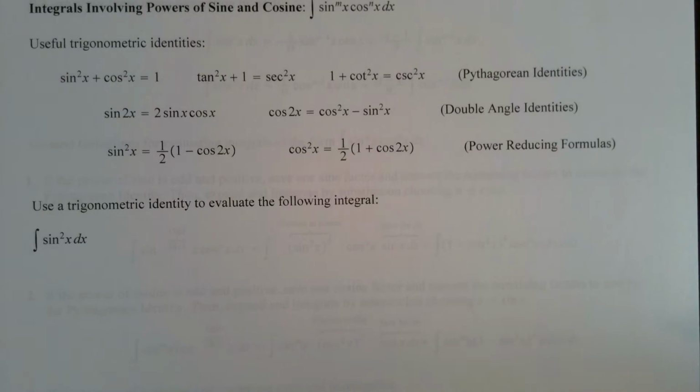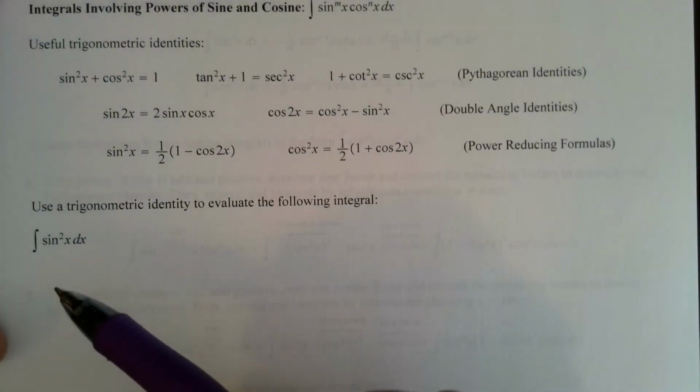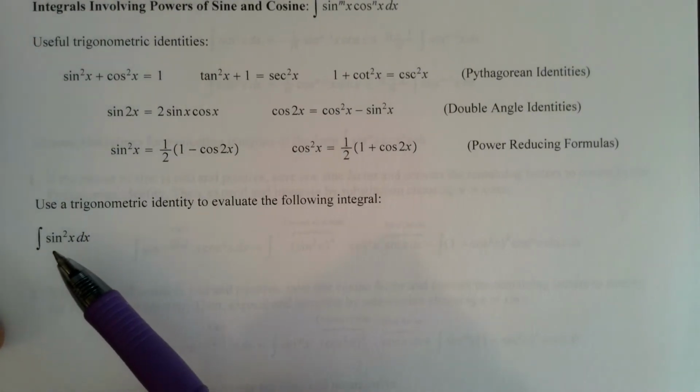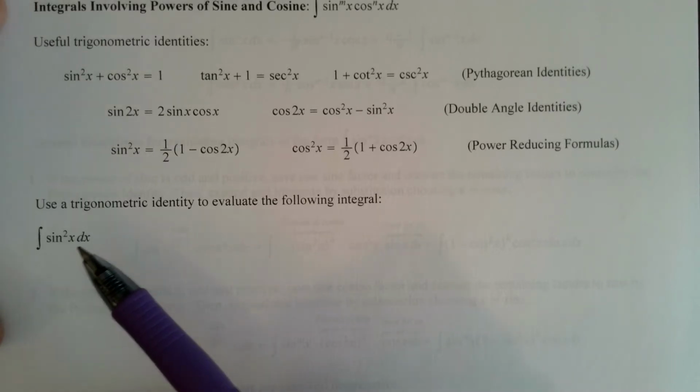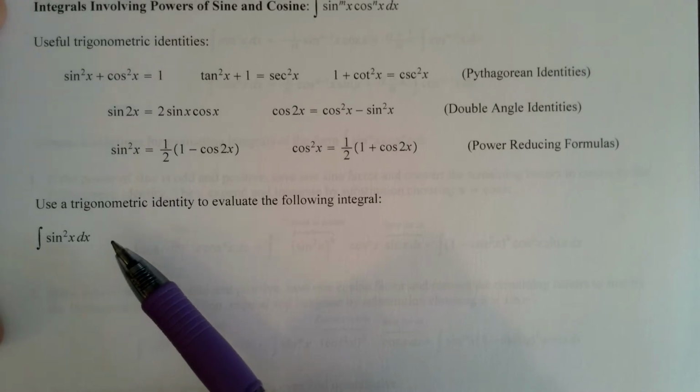So the first example is to evaluate this integral here using a trigonometric identity. Now you might think, hey, we don't need one because I know the antiderivative of sine of x is what? Negative cosine of x. So isn't the antiderivative of sine squared x just negative cosine squared x, or maybe positive cosine squared x? What is it?